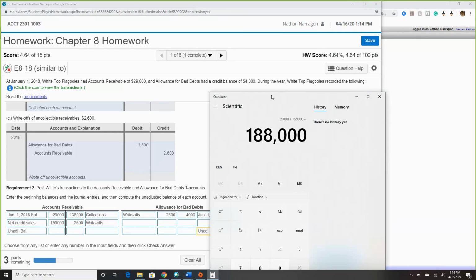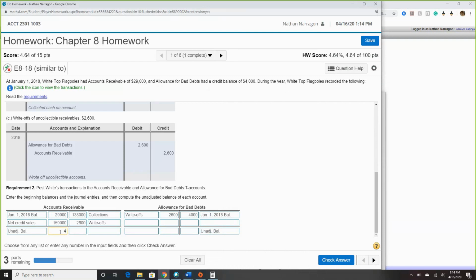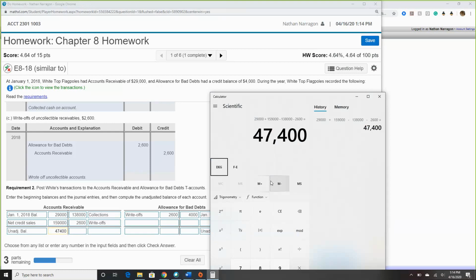Then subtract out our credits. So accounts receivable for me should be 47,400. Remember, your numbers will be a little bit different, but the process is the same.